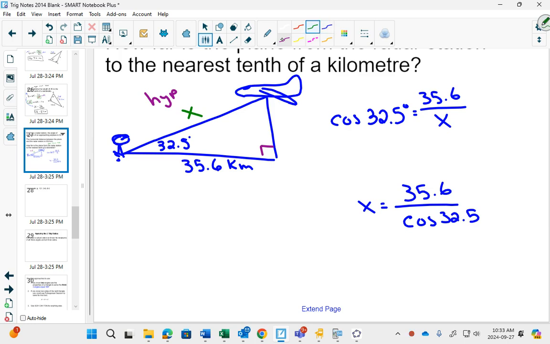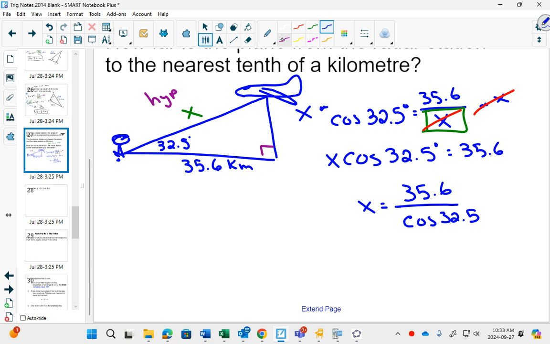The x is on the bottom. If we want to solve for x, x can't be in the denominator. It's got to be x by itself. X by itself is like x over 1. The x is in the numerator. So it can't be in the denominator. You have to get it out of there. We get it out of there by multiplying by x. That would simplify that out. The in-between step that we have is x times cos of 32.5 degrees equals 35.6.